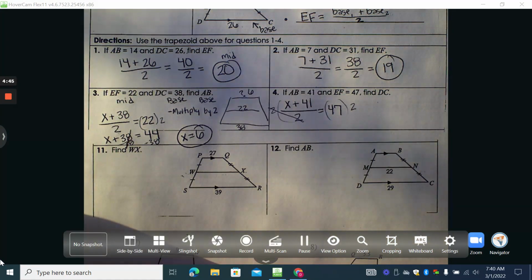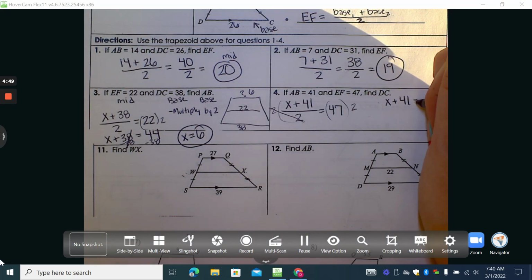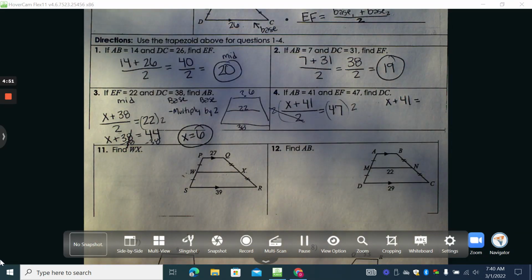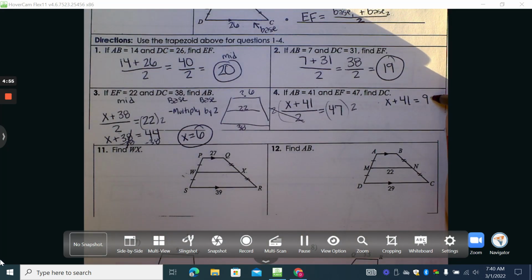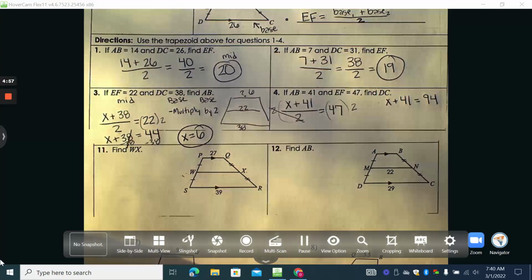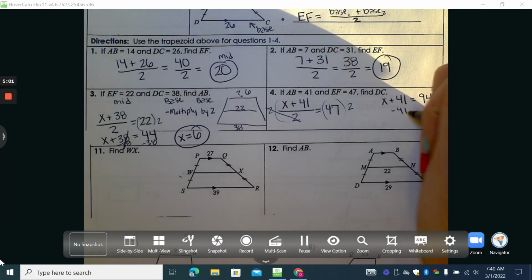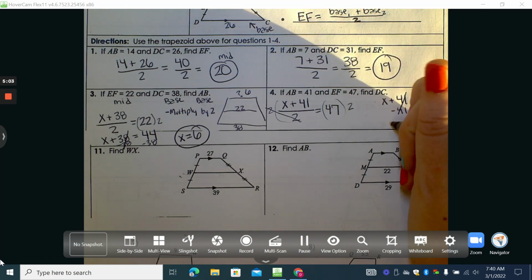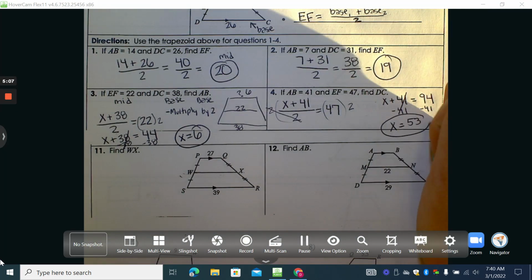I multiply by 2 on both sides. I get x plus 41 equals 47 times 2, which is 94. And then I'll subtract 41, and that's how I will get my final answer of x equals 53.